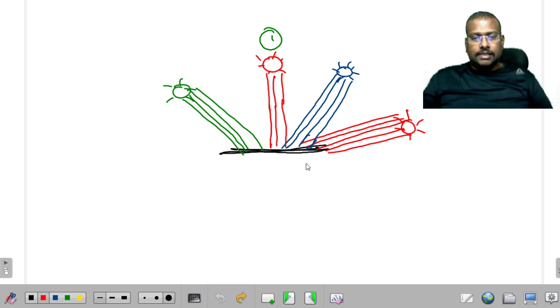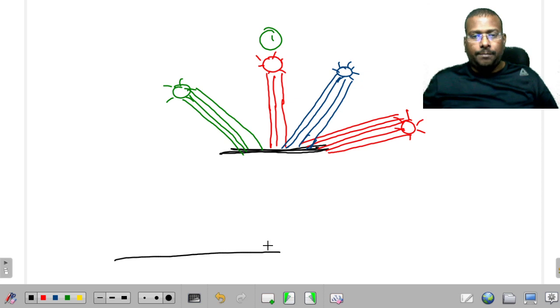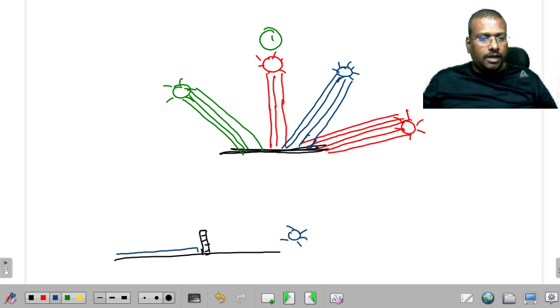Let us consider this is the plane, and here there is a building or a tree. I am assuming it is a building. Whenever the sun is here, the shadow of this building is going to be very huge.